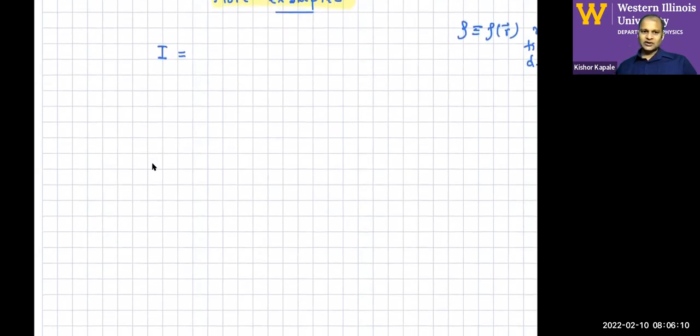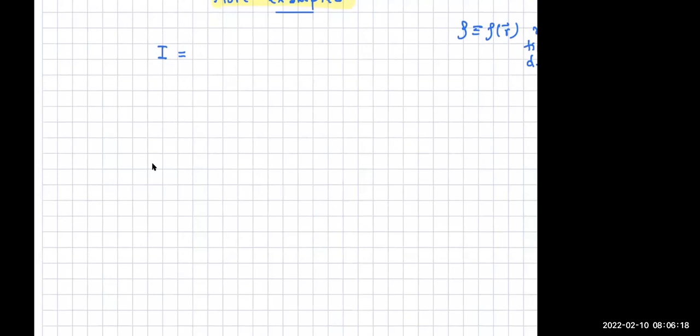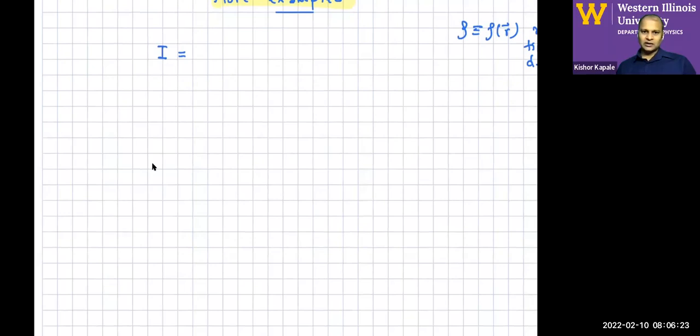But that does not preclude us from having currents. We can have a continuous flow of the charges through certain current carrying conductors or surfaces, and that would still allow us to stay within the static domain, right? So this is the standard definition of the current.